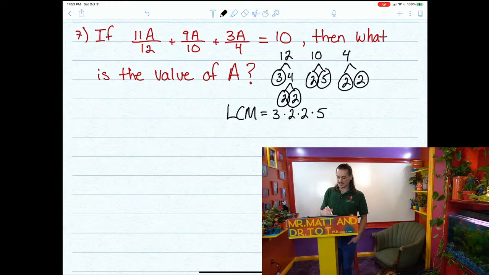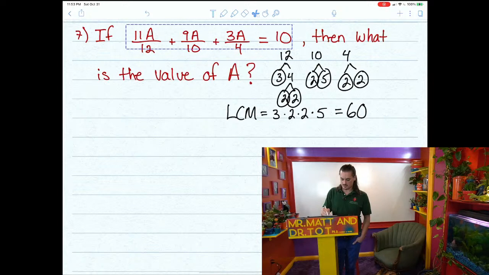So let's go ahead and take this equation and let's multiply on both sides by 60. So 60 has to go to each fraction in the parentheses.